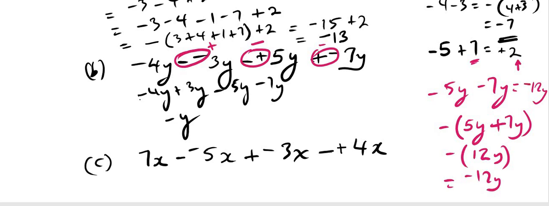Since the signs are the same, just add and keep the sign. When they're different, you have to choose one. But in this case, we don't have to choose because they're the same. When they're different, you have to figure out which one to choose, and the rule is the one you have more of. You have more negatives, you put negative. You have more positives, you put positive. But in this case, they're both negatives, so you just put negative.